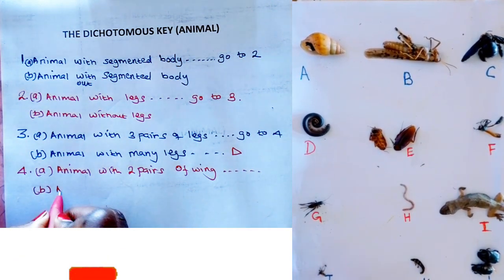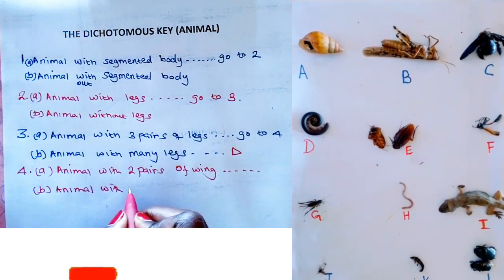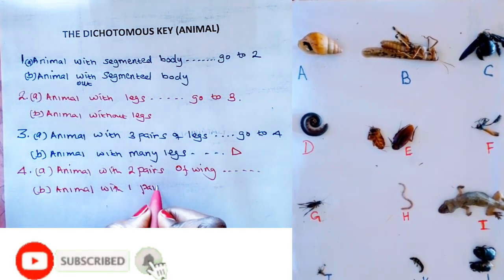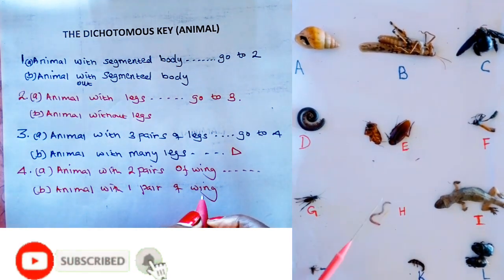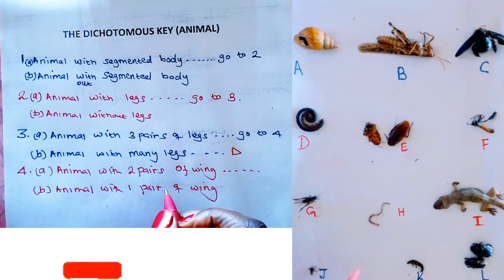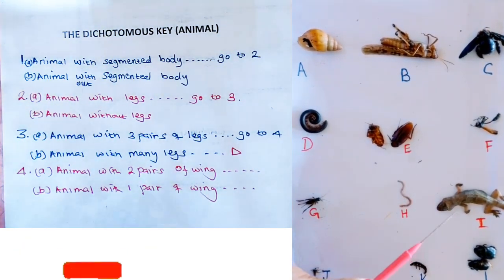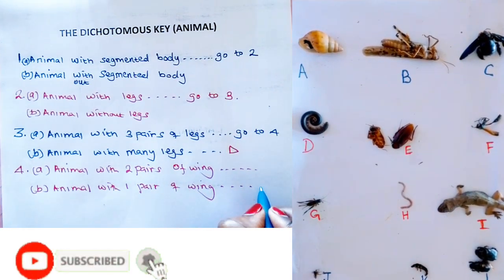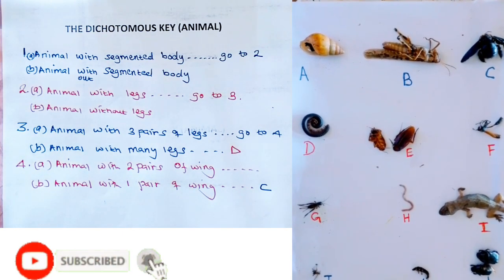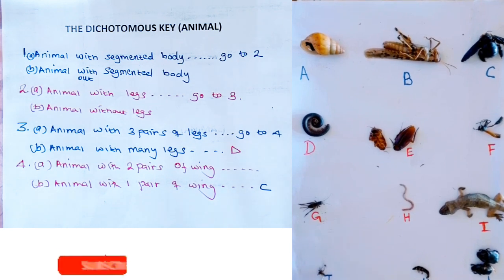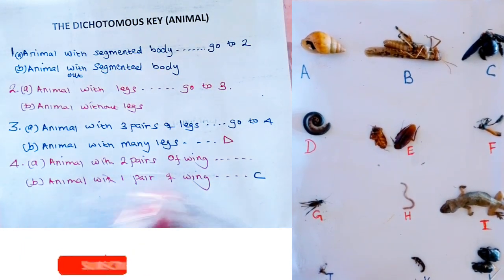B, animals with 1 pair of wings. There are how many with 1 pair? Only 1, okay? That is C. It's the only organism with 1 pair of wings.